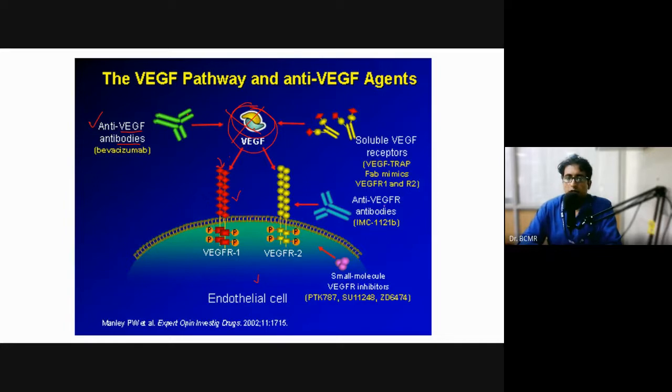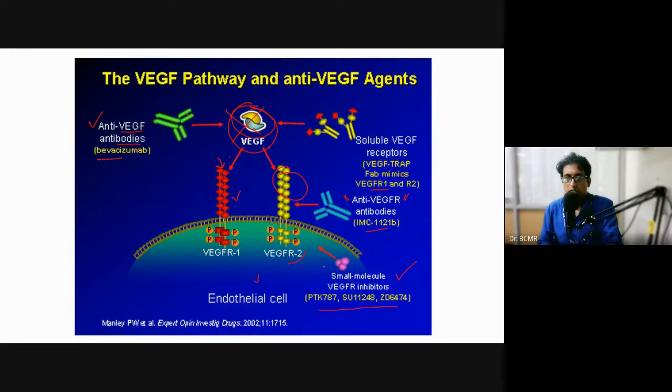There are also other strategies where we can add antibodies against the VEGF receptors, so that when the antibody is bound here, it is no longer available for VEGF to bind to the VEGF receptor. There are also other small molecules. Some of these, the yellow ones, indicate the names or maybe the commercial names of what they do.